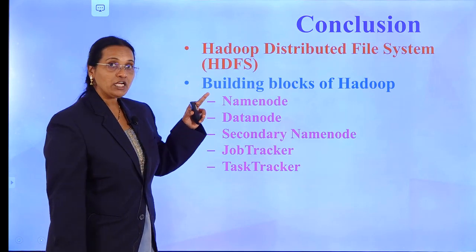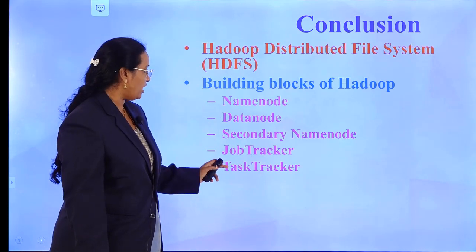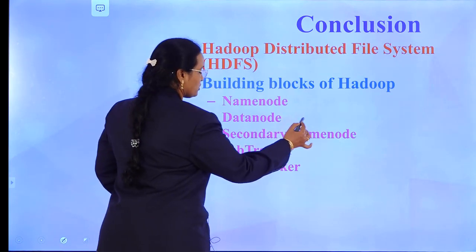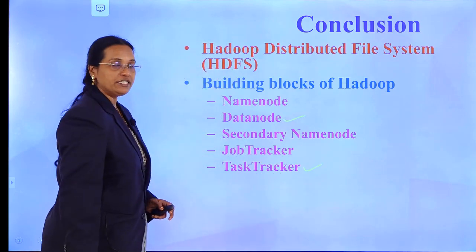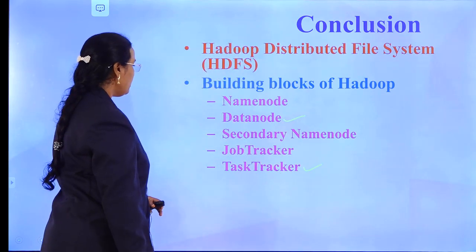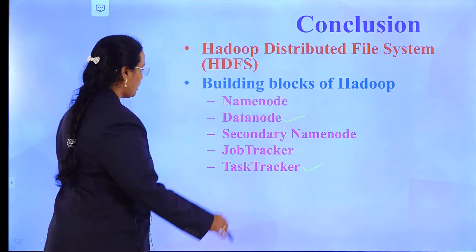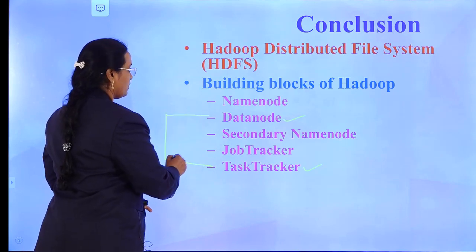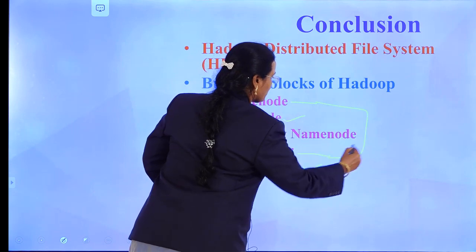So on every slave node, the data node and task tracker, 2 daemons will be running, and the job tracker and name node will be available with the master. That means these 2 are available with the slave nodes, and these are available with the master.